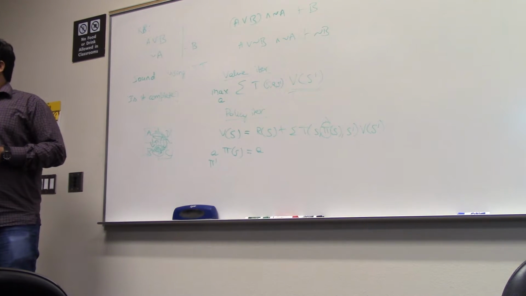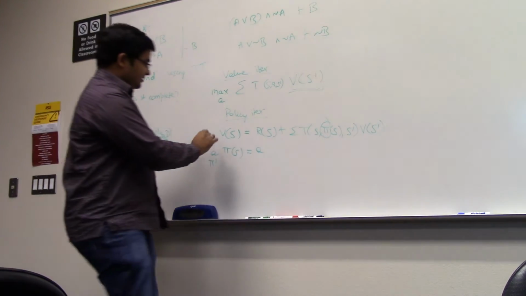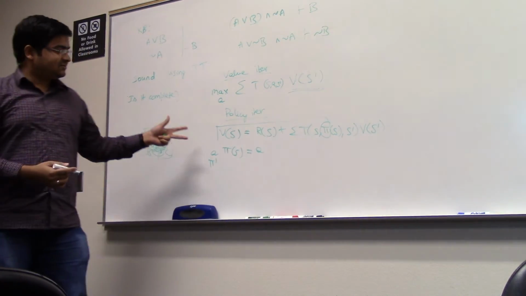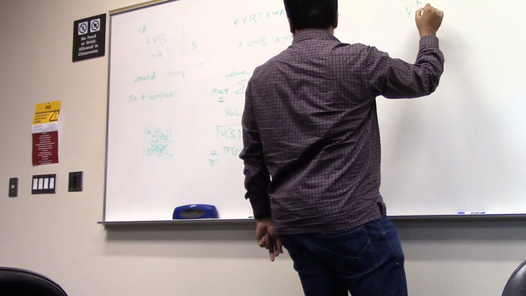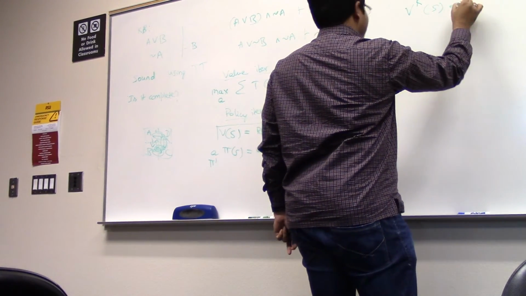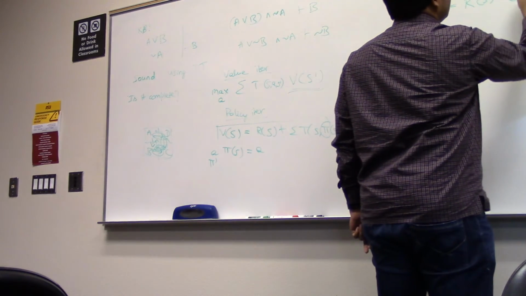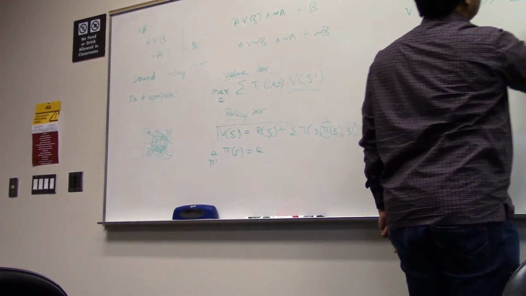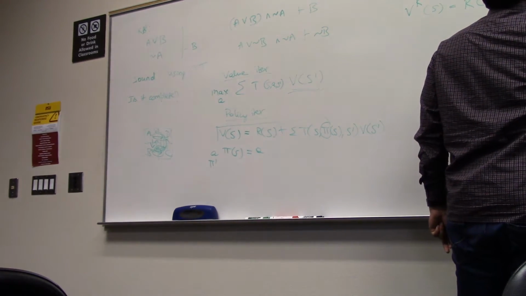When we start with the random policy, how will you get the V of S dash? Yeah, so this is solved iteratively. This is the Bellman equation. So you can assume something like Vk of S is equal to R of S plus the discounted sum over next states of Vk minus 1 of S dash.